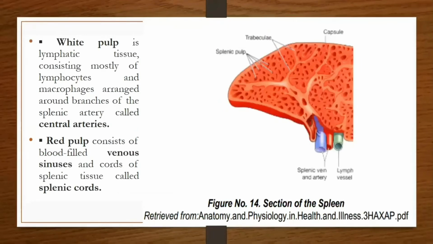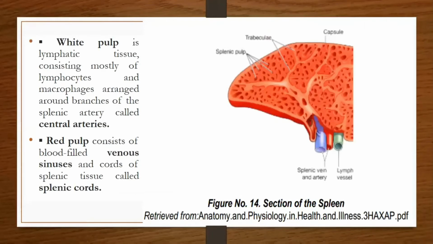The first is to remove old red blood cells from circulation, which occurs in a region of the spleen called the red pulp. The second is to filter pathogens and immune complexes from the blood, which occurs in the region called white pulp.